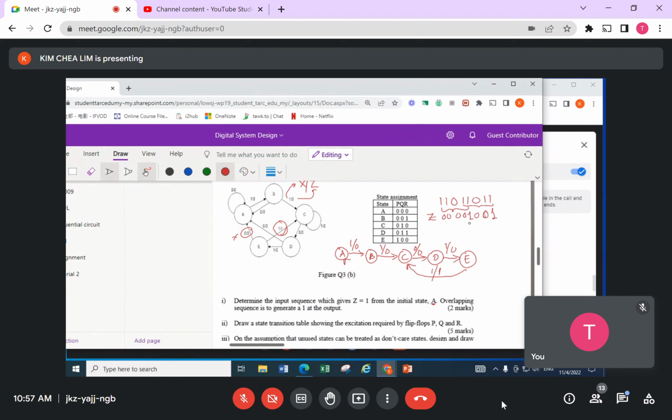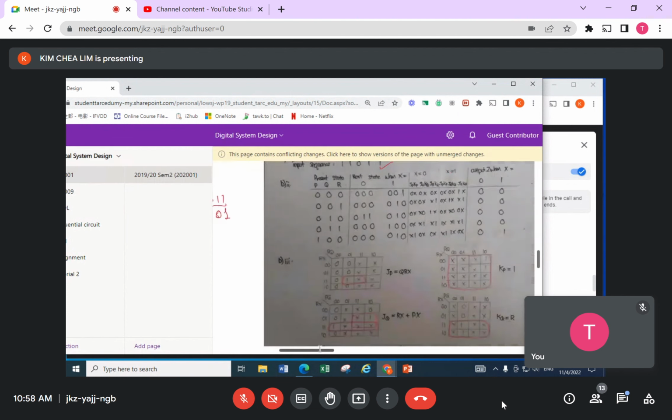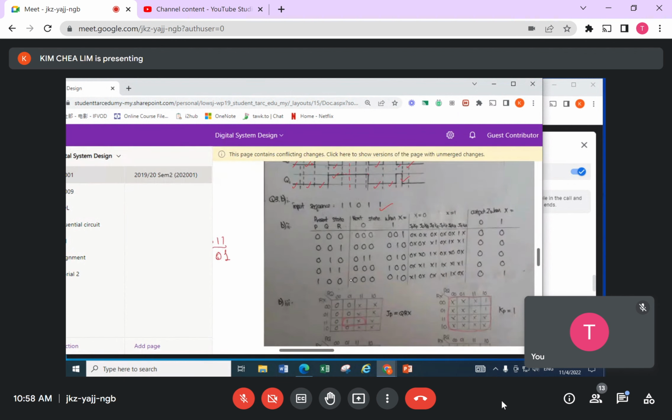So you find that you get Z faster because you continue, go back to C. The input sequence is this one.